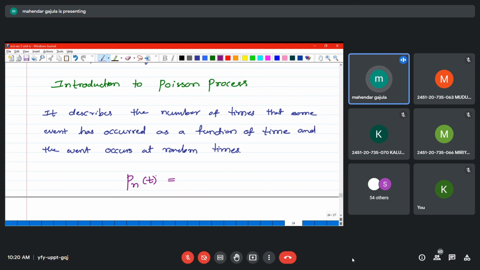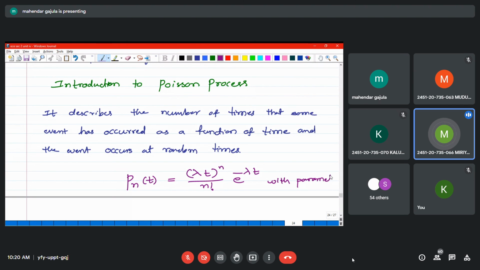Is Poisson a continuous random variable or a discrete random variable? Discrete, sir.